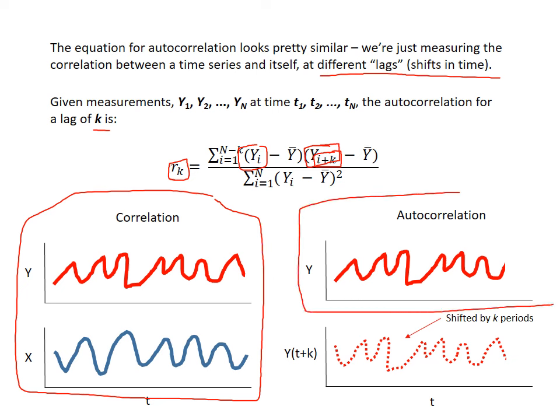So you can think about this point being related to this point and this point being related to this point. But mathematically, we're basically treating them as separate processes, but that's all we're doing. We're shifting the time series in time and then taking the correlation of that shifted time series with itself, basically.